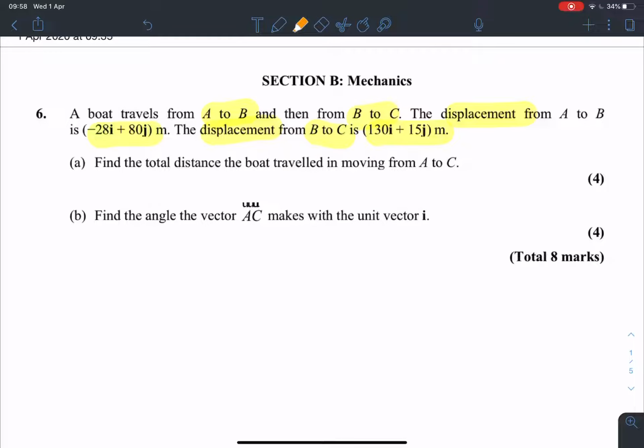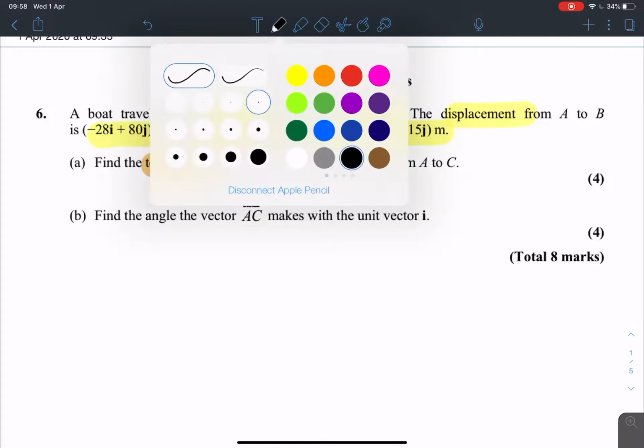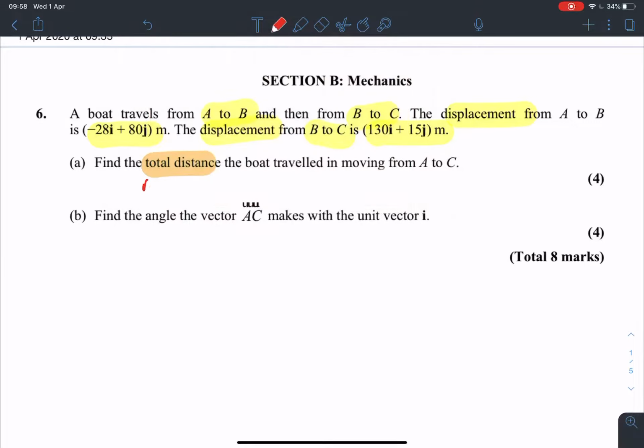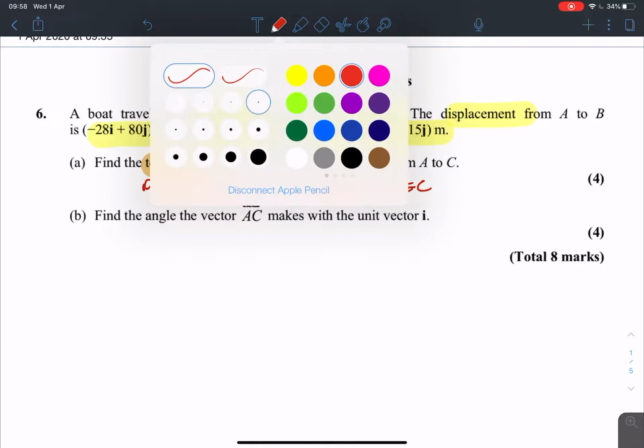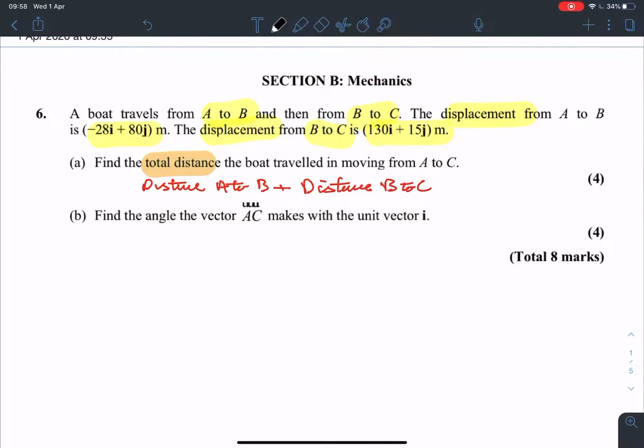Find the total distance travelled in moving from A to C. So we need the distance A to B plus the distance from B to C. The key word to pick up in the question is that it's distance that we're working on, not displacement.